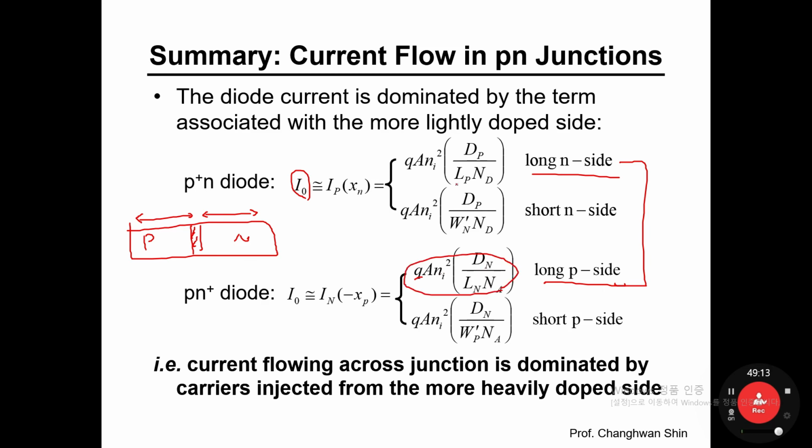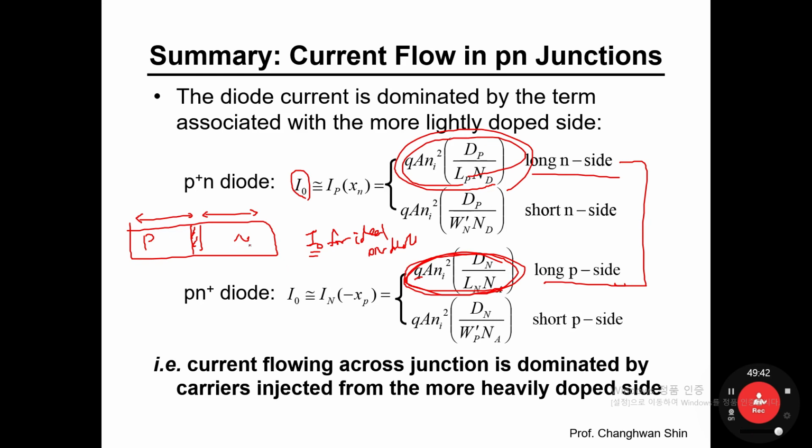So by summing up those two terms, you build up the I naught value for the ideal PN diode. So go back to the ideal PN junction diode analysis again and confirm that the saturation current value consists of two terms, this and that. Please do that.